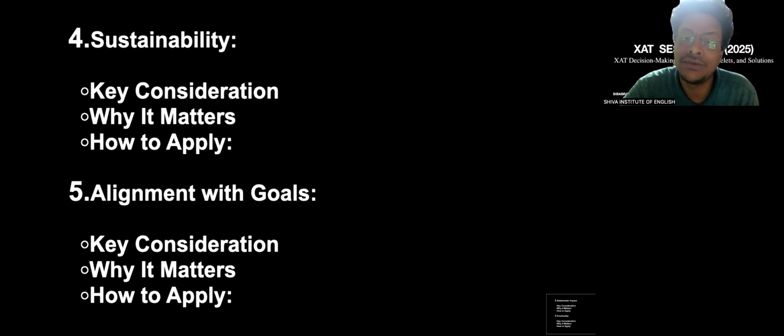When we talk about alignment with goals, we need to take an example. A company's goal to be customer-centric should influence decisions involving customer grievances. Now, let's see how we apply the logical framework.